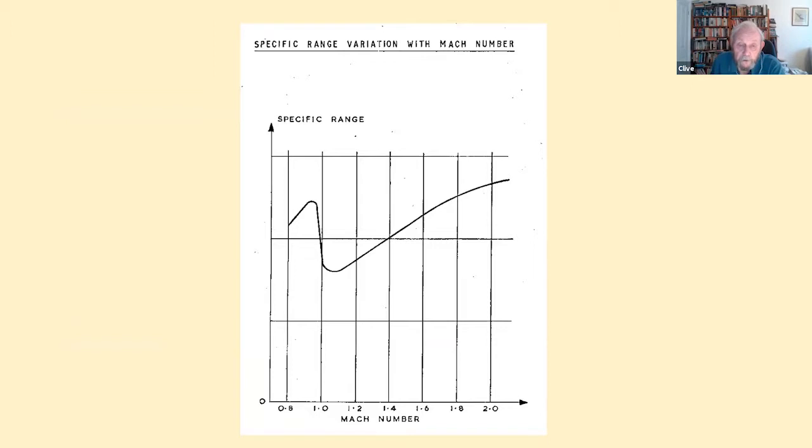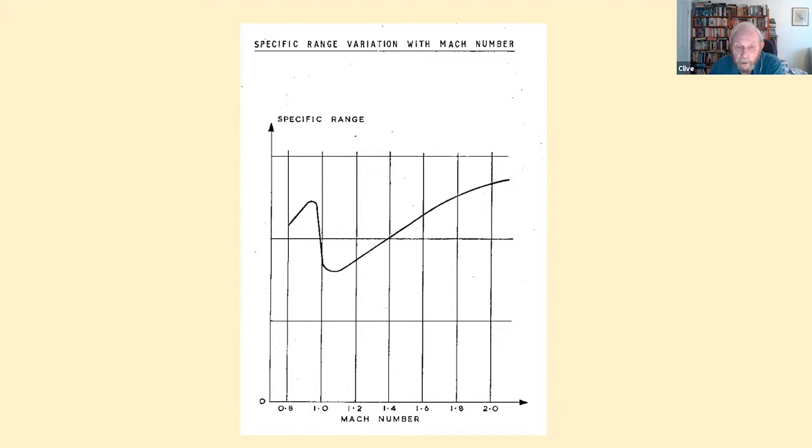Well, this is a generalized picture of specific range against Mach number, and you can see that when you do get supersonic, this low supersonic region is actually quite a dreadful place to be in terms of performance. You get a drag rise there, you get poor installed engine characteristics there, and we also get strong variations in the aerodynamic characteristics and the stability in lift.